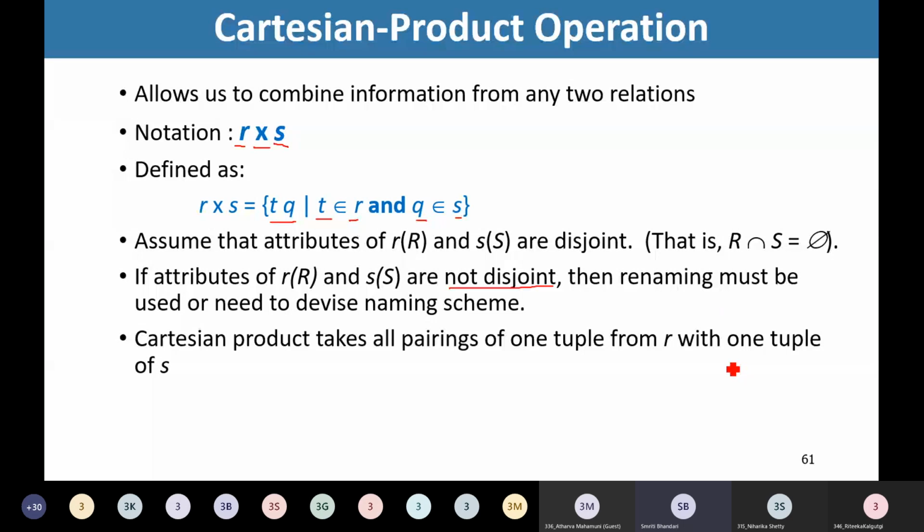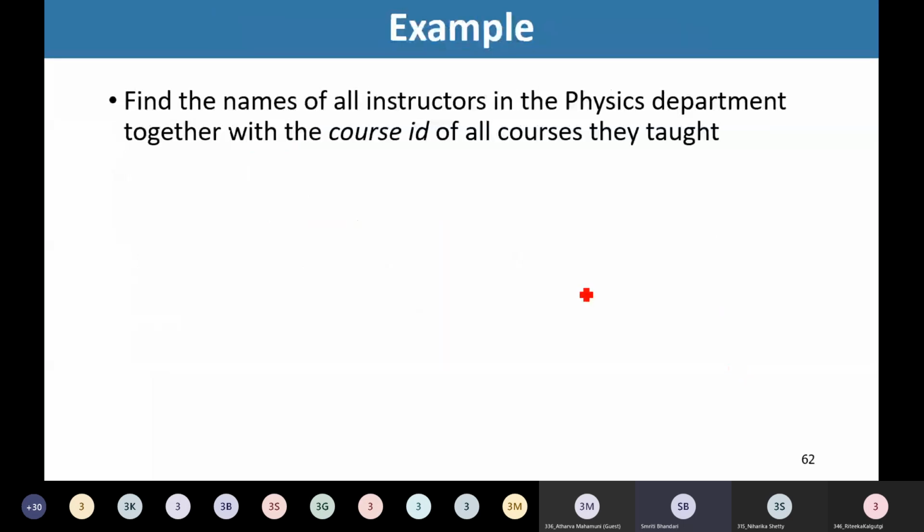So we have gone through these concepts in the last session, and we were about to write one query from our university schema. The problem is we want to find out the names of all instructors in the physics department together with the course ID of all courses they taught. I asked you to come up with the solution: how to write this query in relational algebra.